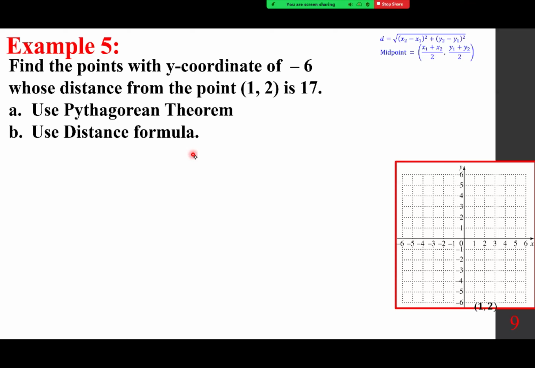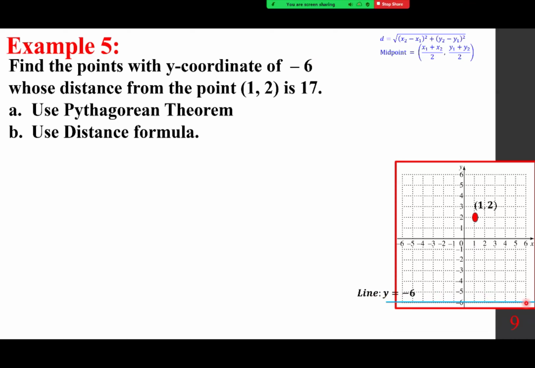Well, we have a rectangular coordinate system. We locate (1, 2), and we want the y coordinates to be -6, so we can see the line y equals -6. Every point on this line has a y coordinate of -6, whatever the x coordinate may be, depending on the location.